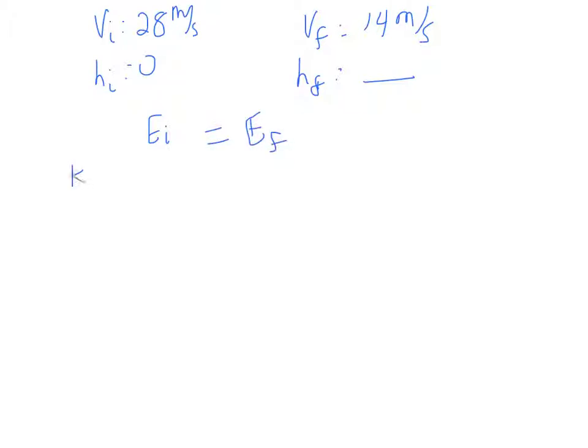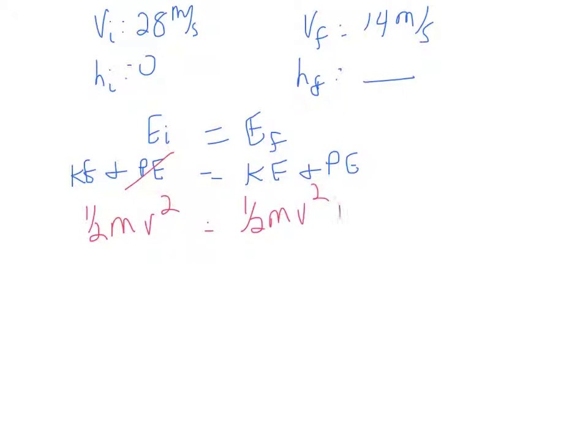So that's kinetic energy plus potential energy equals kinetic energy plus potential energy. Let's see if anything cancels. So we have 0 potential energy. So we know that 1/2 mv squared equals 1/2 mv squared plus mgh.